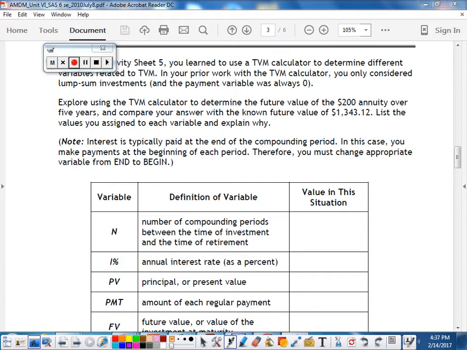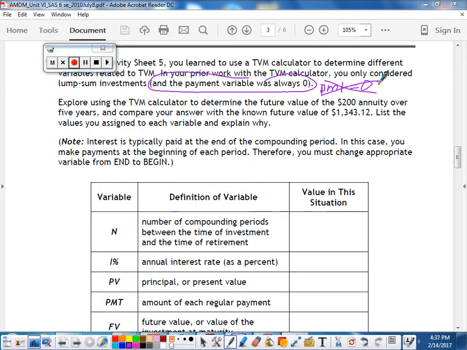In your prior work with the TVM calculator, you only considered lump sum investments and the payment variable was always 0. Remember, we always talked about this before where we said PMT was always 0, right? Not in this case anymore. PMT is not 0 anymore. PMT is going to be used for our annuity calculations.